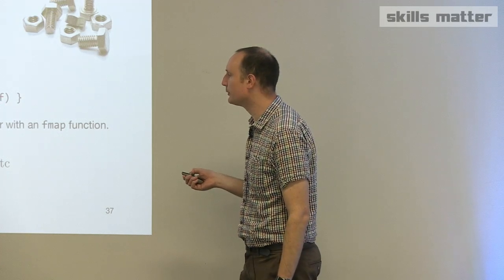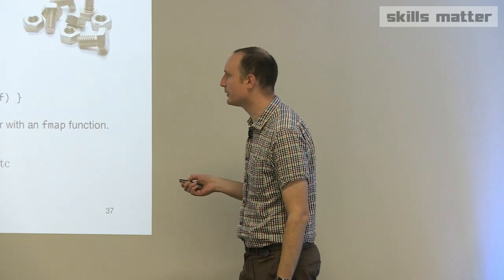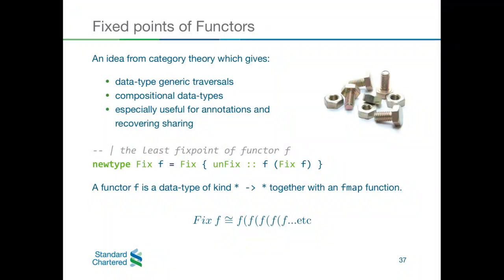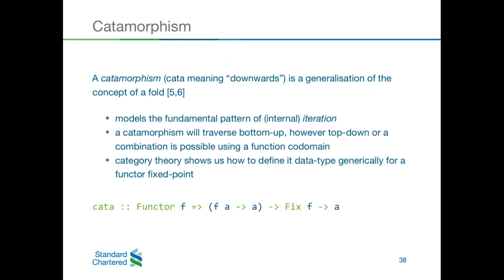But it does mean that you've now got a functor, and you have to use this sort of type level fixed point here to recover back the recursive type. And pretty much all you need most of the time is a catamorphism, which is a generalized fold. And I've got some references to learn about it at the end of the talk.